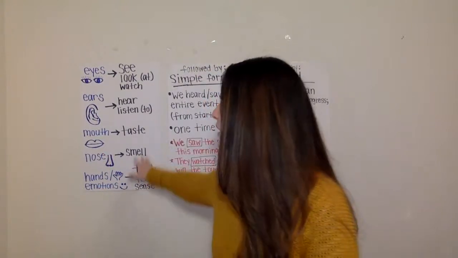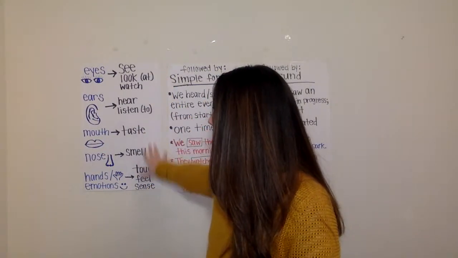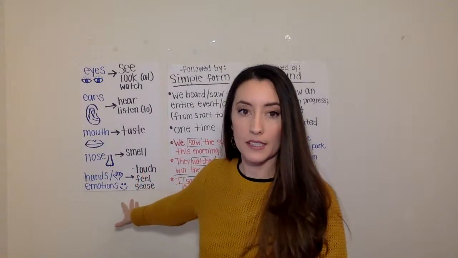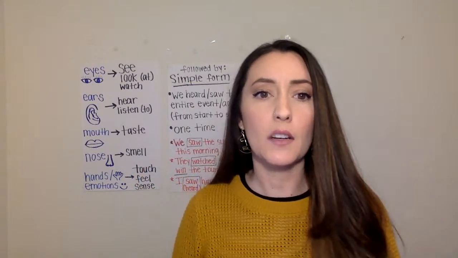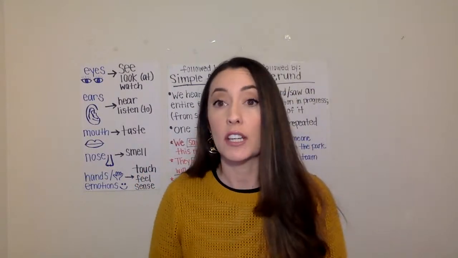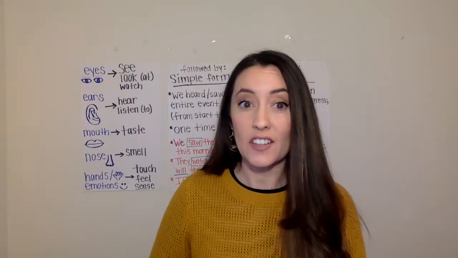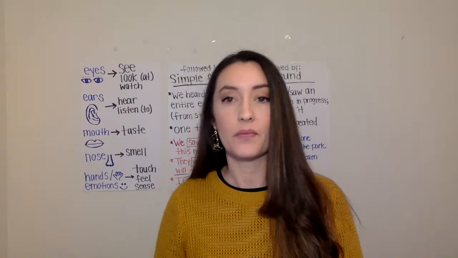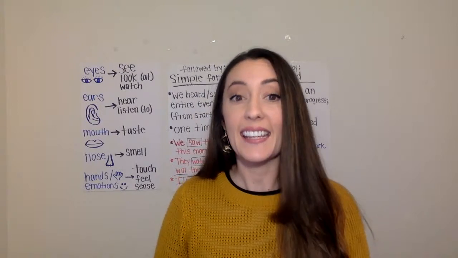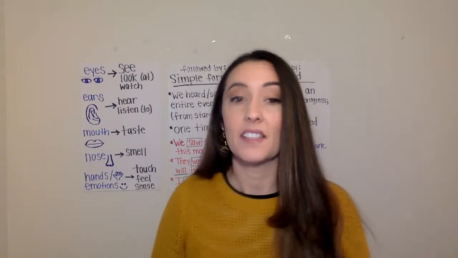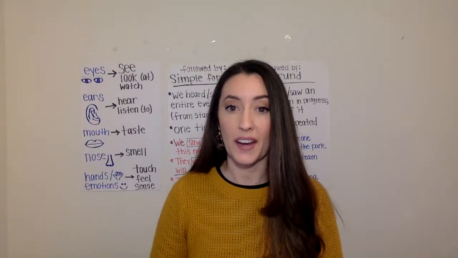So I do have a list back here of some of the verbs that we're going to talk about today. So for sight, we're going to look at see, look, and watch. For hearing, we're going to look at hear and listen or listen to. We're also going to look at taste, smell, touch, and feel, okay?